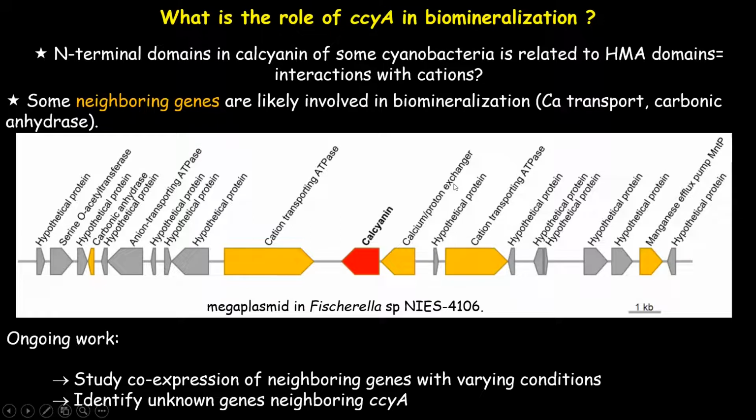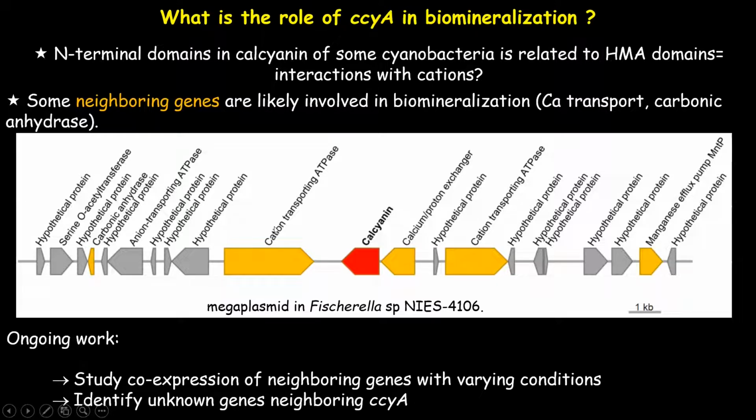So transporters of calcium, and of course, if you want to make a calcium carbonate, that's good to have. And there is also here a carbonic anhydrase, which is that enzyme that converts the bicarbonate into CO2. So that's awesome. And you have also many gray stuff close by. You could tell me, yeah, but who are they?